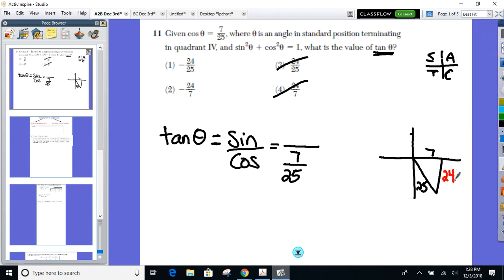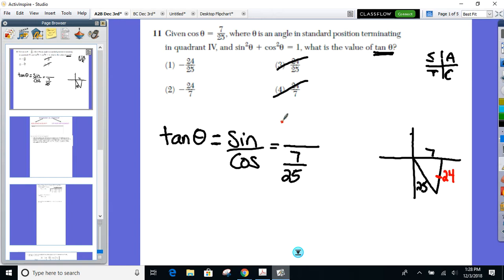I'm looking for sine now. Ooh, hold on, 24. Where do I put that bad boy? Going down? Negative. All right, what's the sine then? Opposite over hypotenuse.